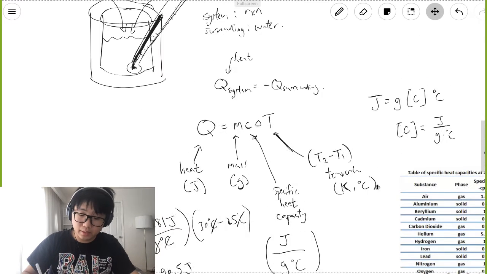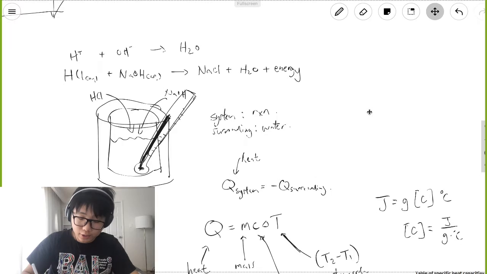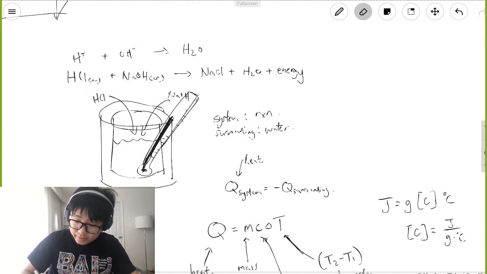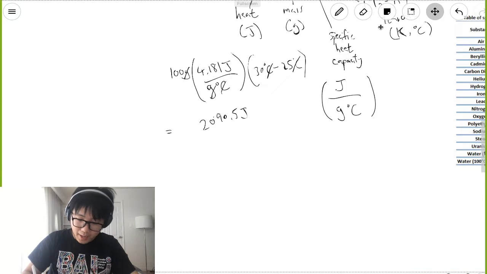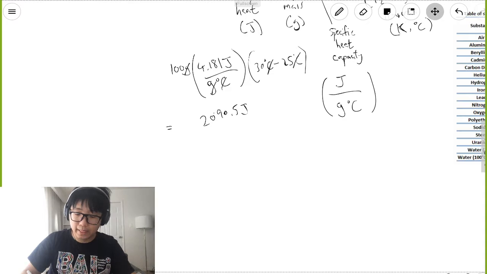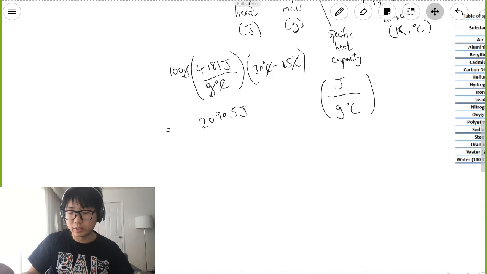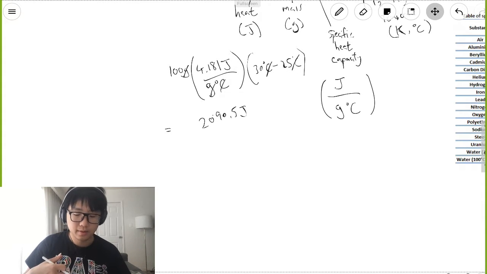We can basically say then this reaction released this amount of heat because of the positive nature of this. So imagine if the temperature was negative, right? If it went from 25 degrees to 20 degrees instead, then 20 minus 25, that would be negative. If the delta T is negative, then the whole value is going to be negative.